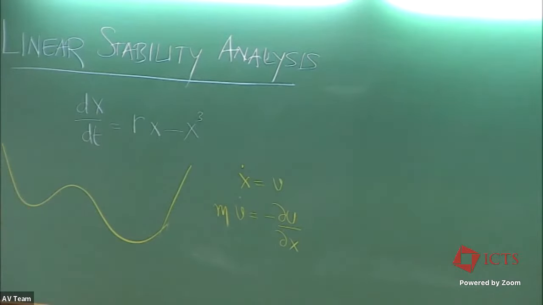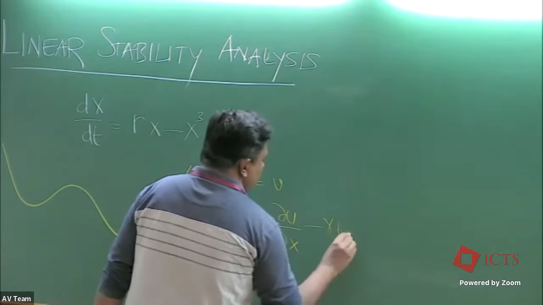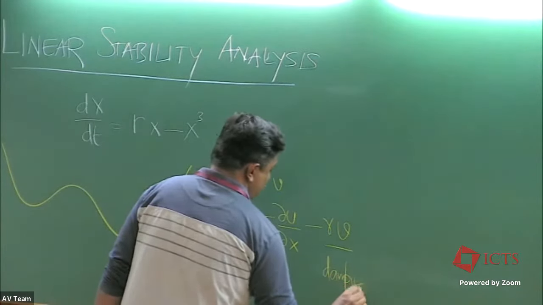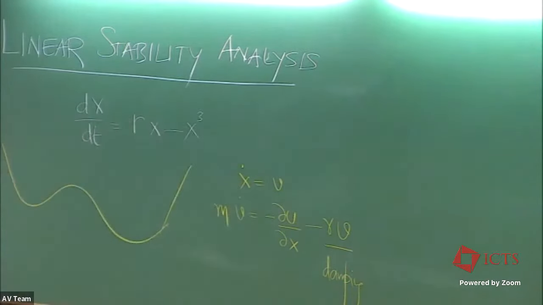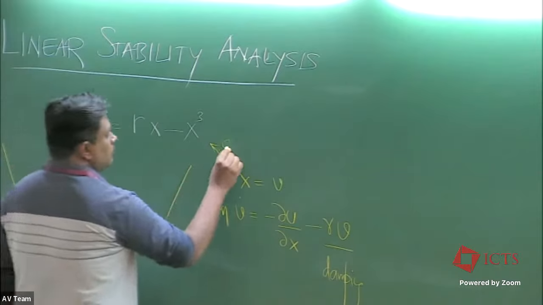I know the system is embedded in some environment, so there is always some dissipation going on. Therefore, I'll put in some damping terms, at the simplest level. This is basically an overdamped limit.